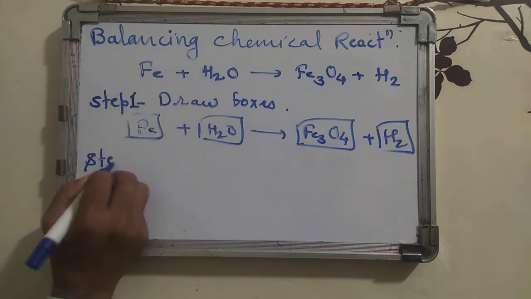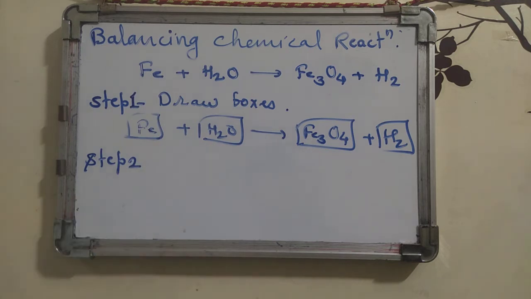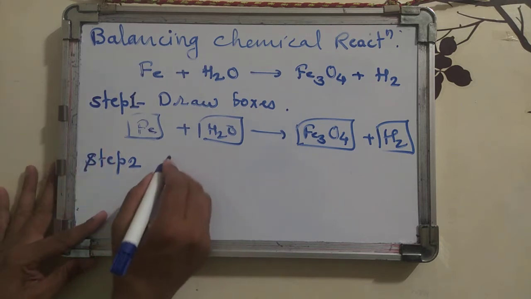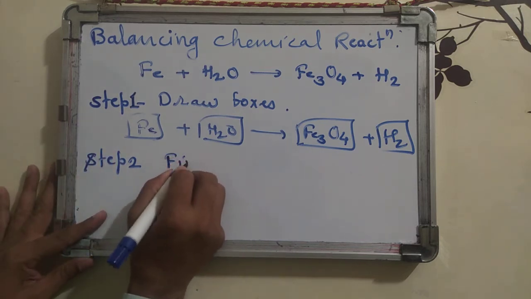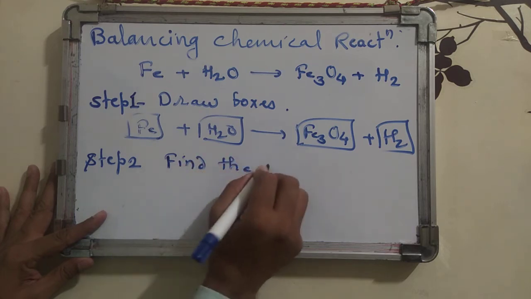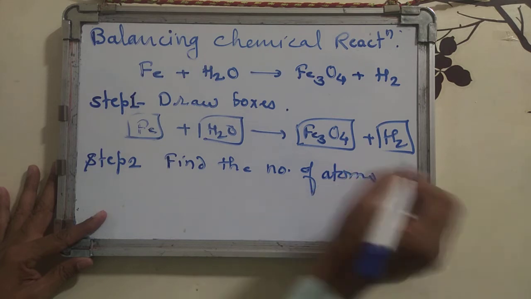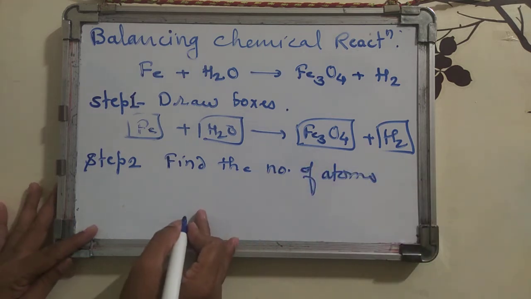Step 2: you have to find out how many atoms are there on the left hand side as well as on the right hand side. That means find the number of atoms on the left side as well as on the right side.